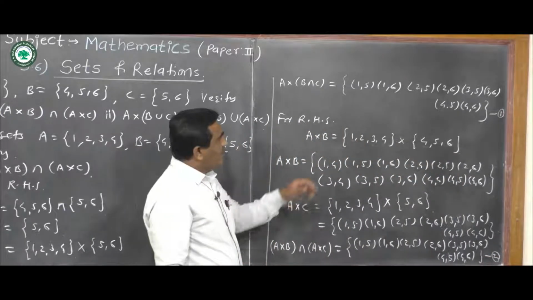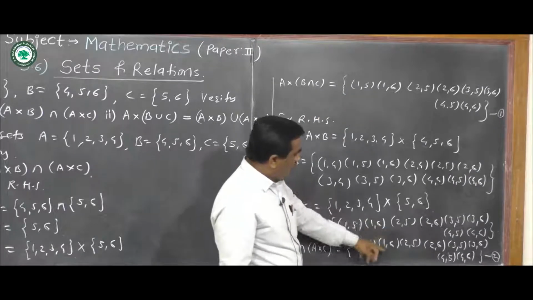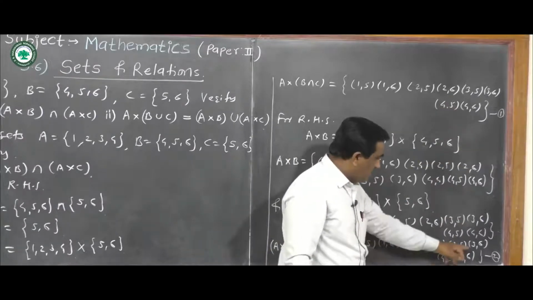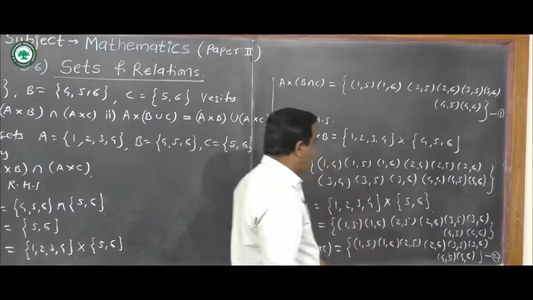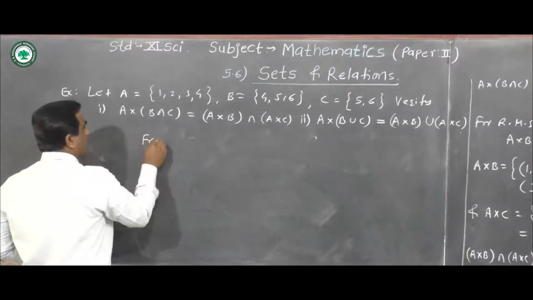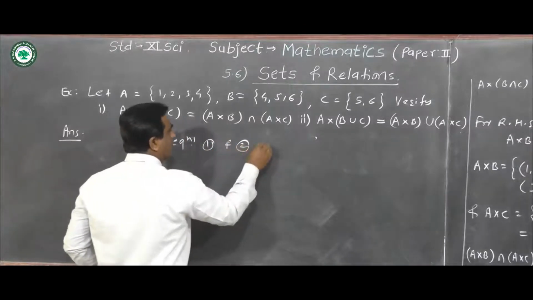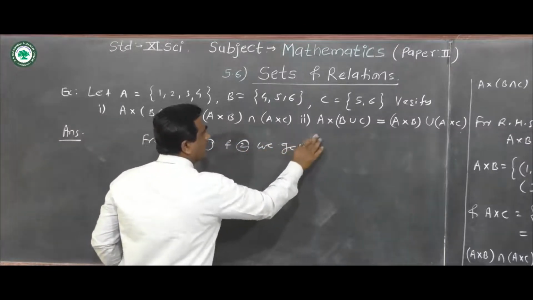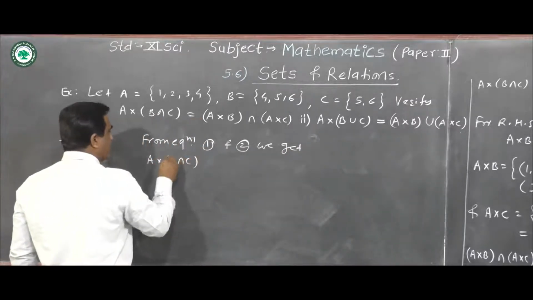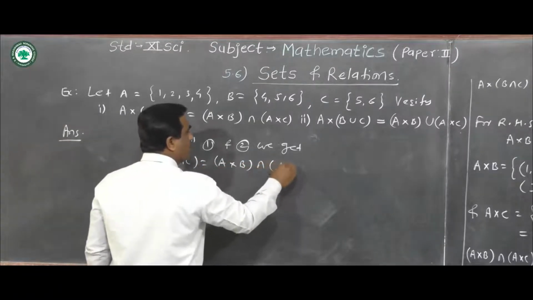Now see equation first and equation second. Now these elements are same: 1,5; 1,6; 2,5; 2,6; 3,5; 3,6; 4,5 and 4,6. Now from equations first and second, we get A cross (B intersection C) is equal to (A cross B) intersection (A cross C).